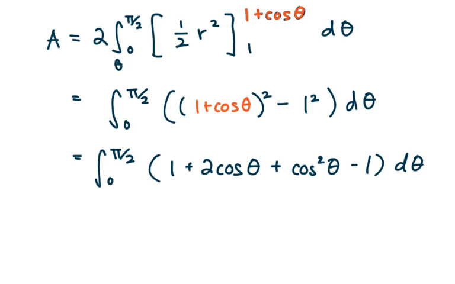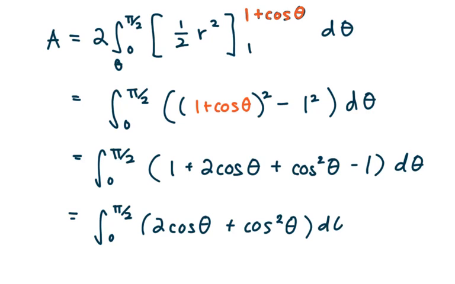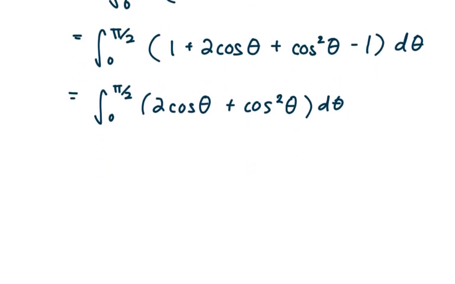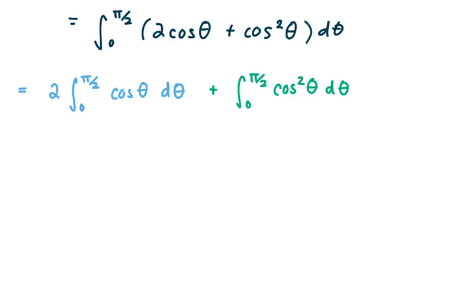Those 1's go away. This is the integral from 0 to pi over 2 of 2 cosine theta plus cosine squared theta d theta. At this point, I can separate these two integrals. I pull that 2 out in front. This is very easy for us to integrate: the integral of cosine is sine, so I have 2 sine theta evaluated from 0 to pi over 2.